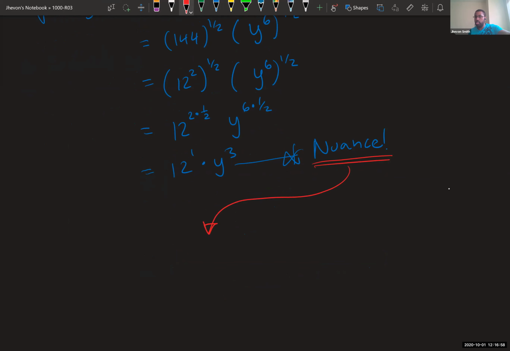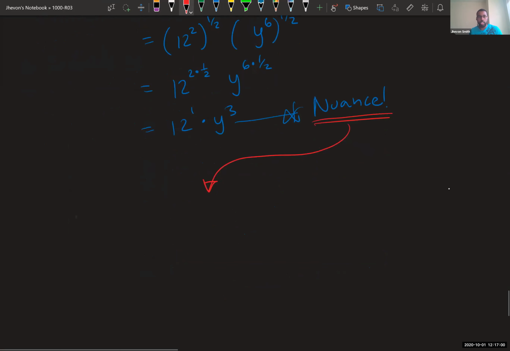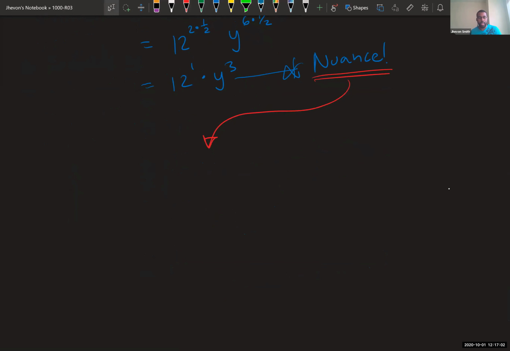Whereas with odds, you don't need this. So this leads to a very important nuance that I don't want you guys to forget. If you have something that looks like this, you have a radical and you have a power, you should recognize that it gives you the absolute value of x if n is even. And it gives you x only if n is odd.